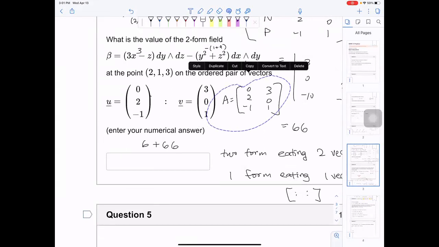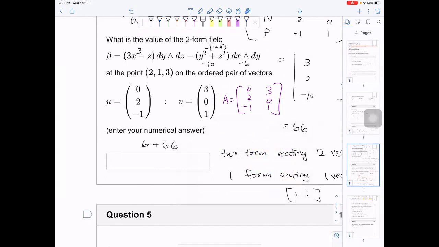Let me write it in purple. Then dy wedge dz is telling you the projected area to the yz plane. So the yz plane would be the y numbers and the z numbers, which is this highlighted square. And so you take the determinant of that, which gives you 2. Then it says this negative y squared plus z squared, so I evaluate at my point.